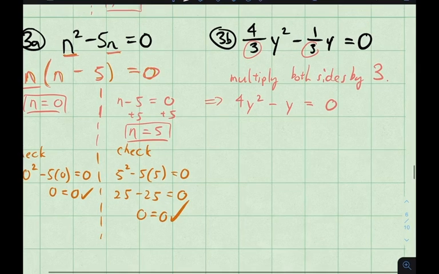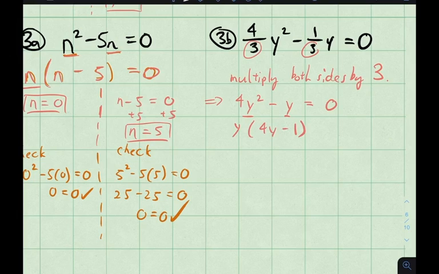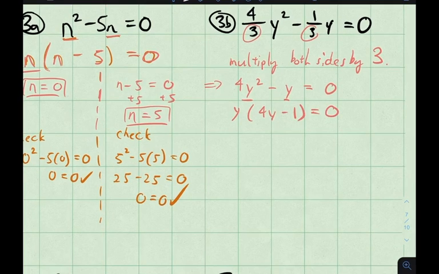The question is how to factor it. We can notice they have y in common. So it'll look like this. Minus 1, because y times -1 gets you negative y, or minus y. Notice that if we drew the box like this, we would have gotten the same stuff.